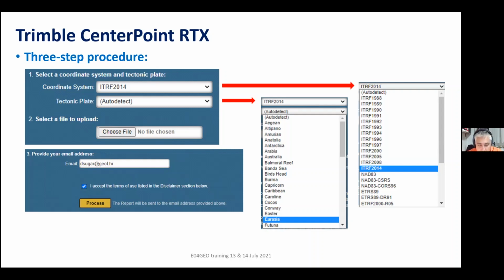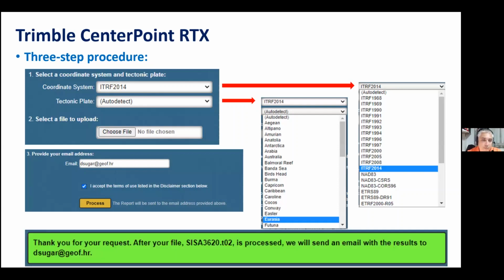Here I have provided mine because the results will be delivered to you via email. Of course, you have to accept the terms of use listed in the disclaimer section and just press process. So your observation file is uploaded in the cloud, and you can expect the results in your email.